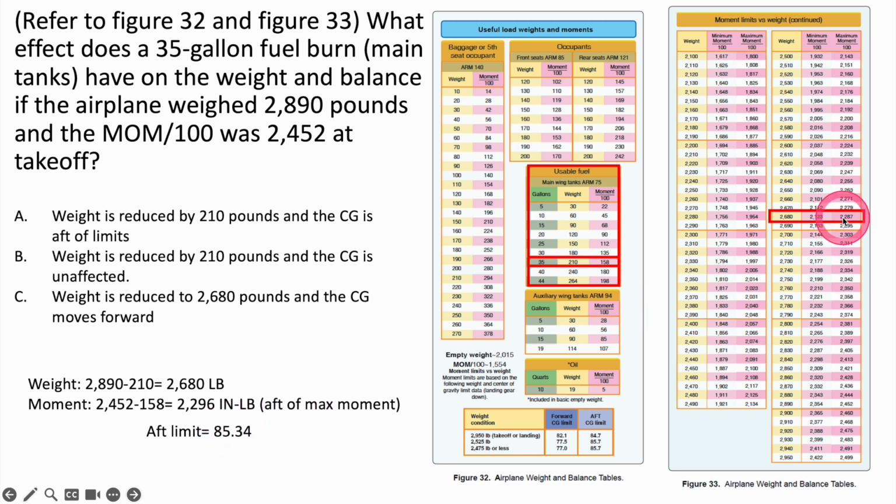Just by dividing this maximum moment by your weight, the aft limit for center of gravity is 85.34 inches. Now if we do the same for our calculation, 2,296 divided by our new weight, 2,680, we get a new center of gravity of 85.67. So this is aft of the limitation, and you should get to answer A.